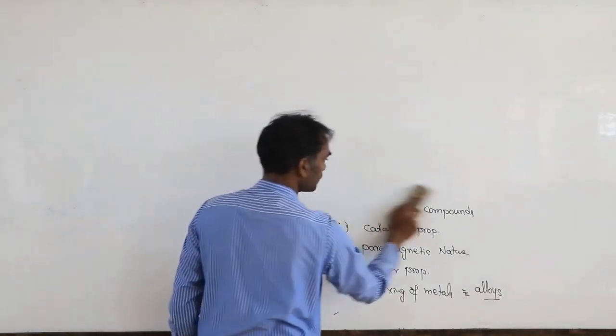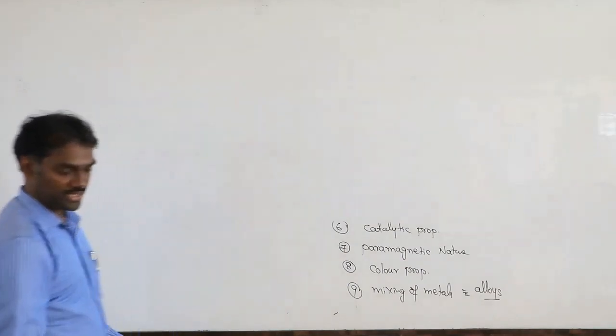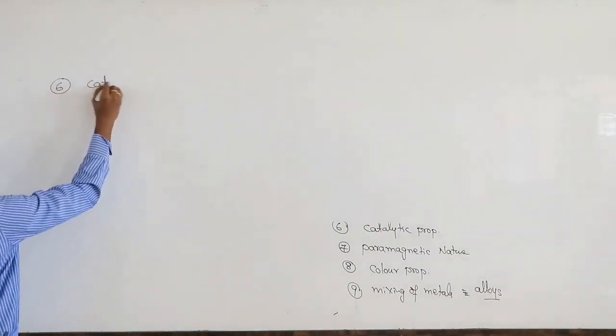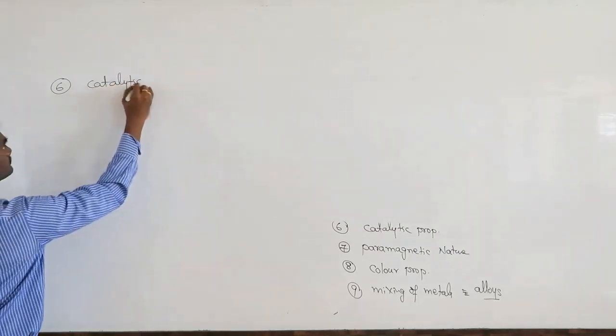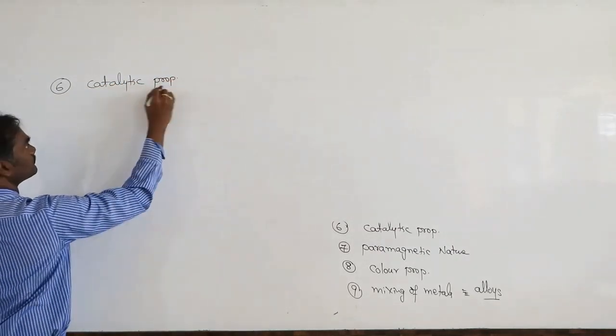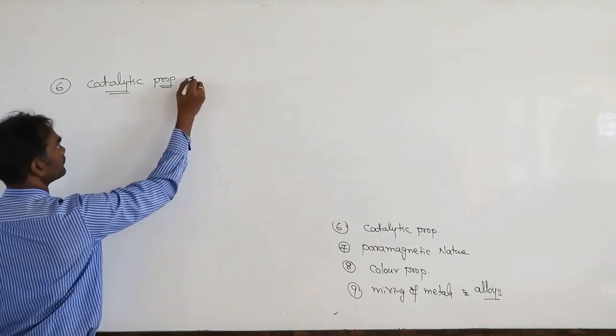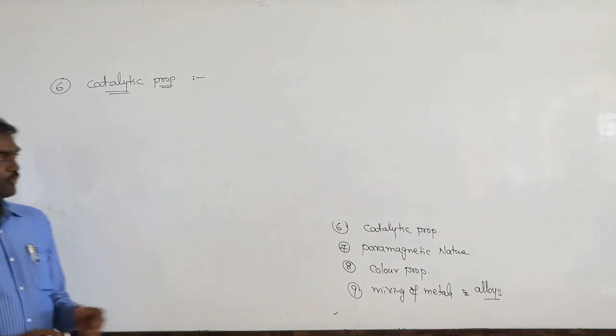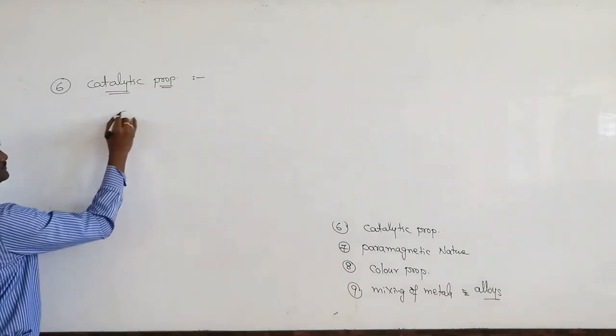Next, the fifth property is over. Now, the catalytic property. What is the meaning of a catalyst?